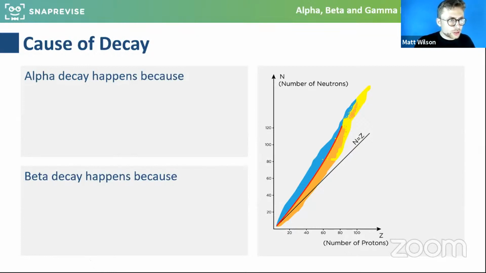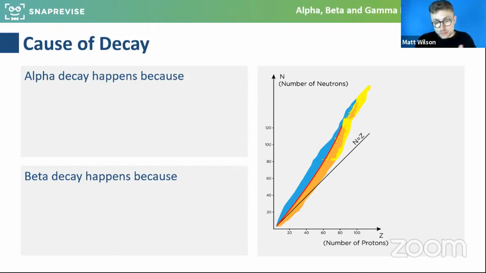Okay. So now we're going to talk about the causes of decay, or at least the conditions under which decay is going to occur. So first of all, we're going to ask, why would alpha decay happen? Why would it be that I have some nucleus and it just decides to get rid of 4 of its particles?